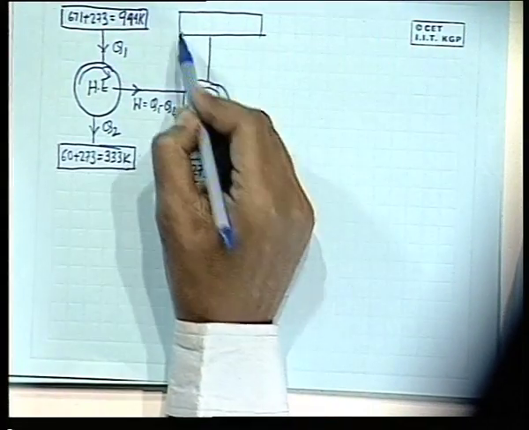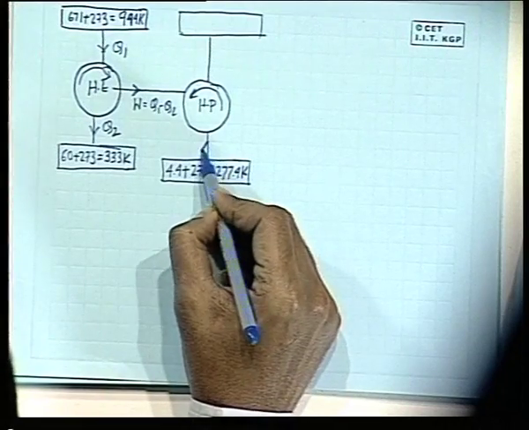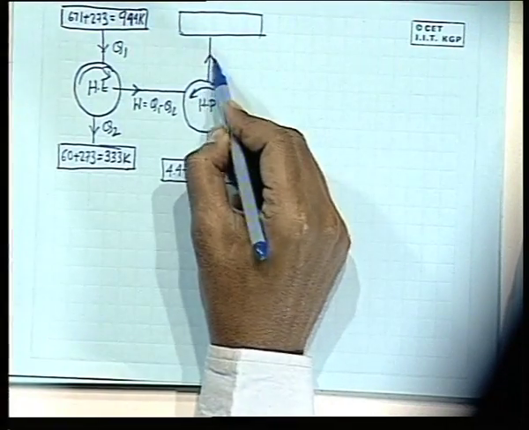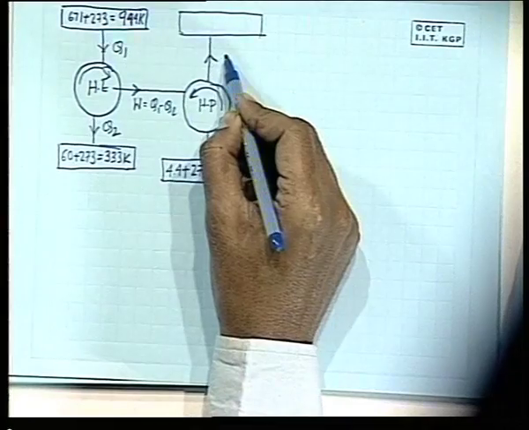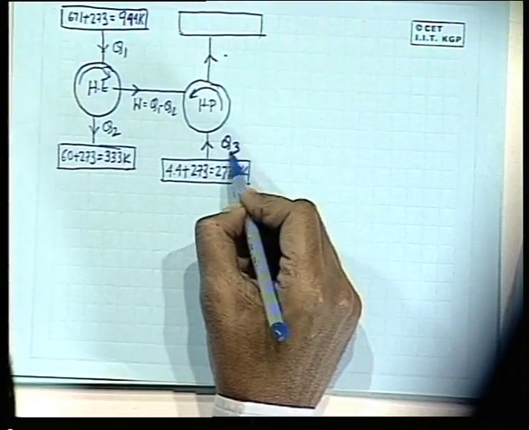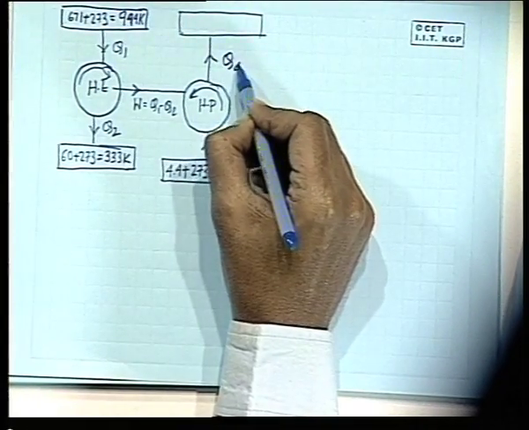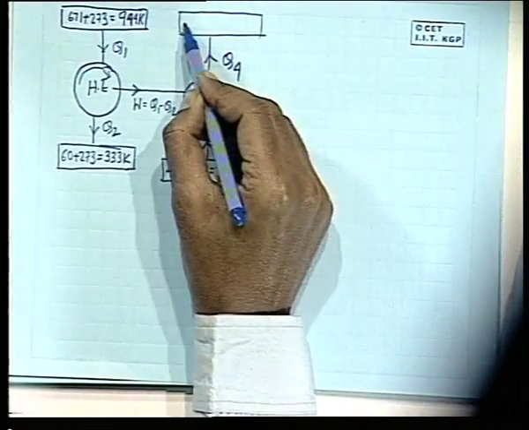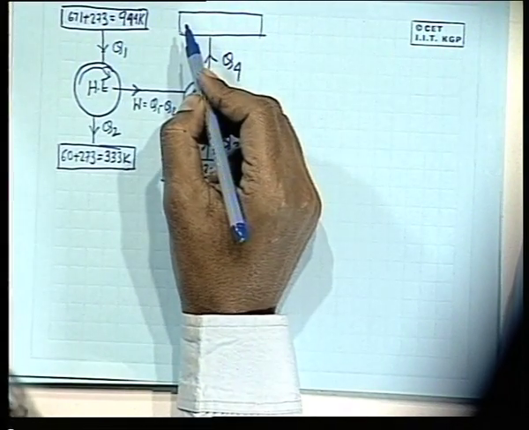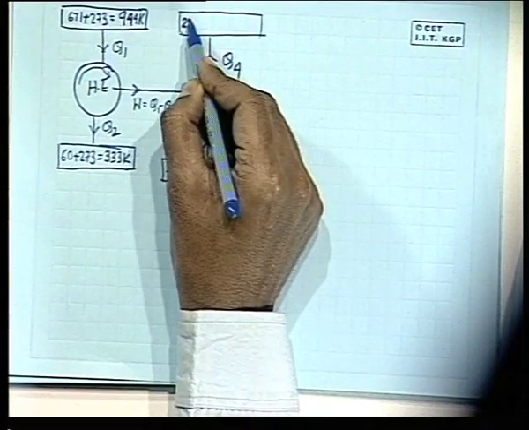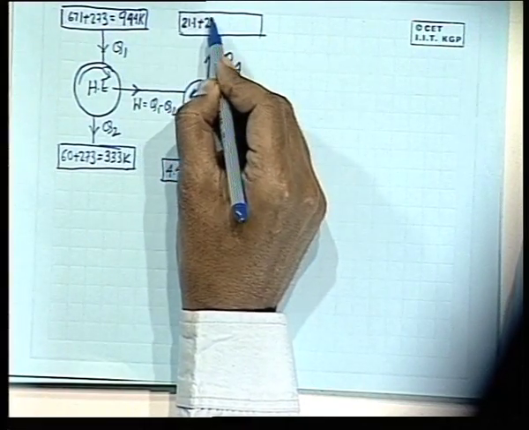And what is the temperature to which heat is being delivered? It is 21.1 plus 273, what is this?